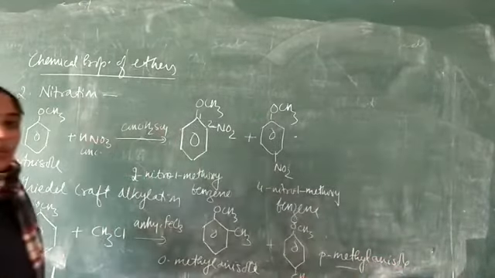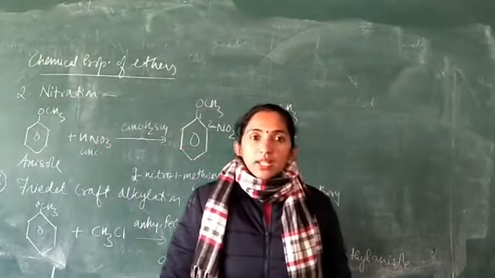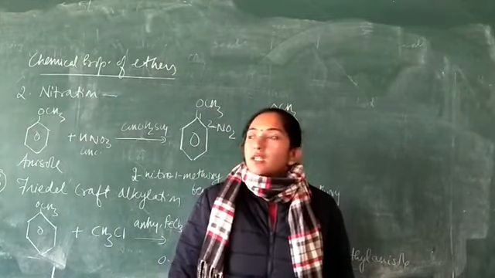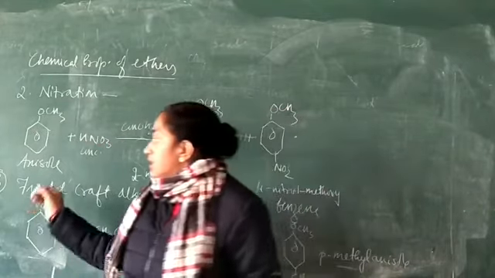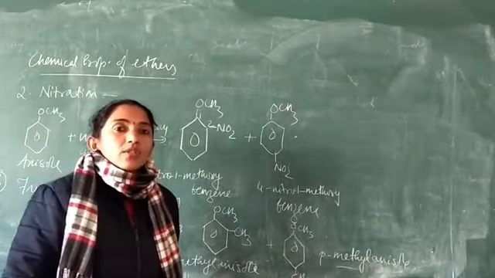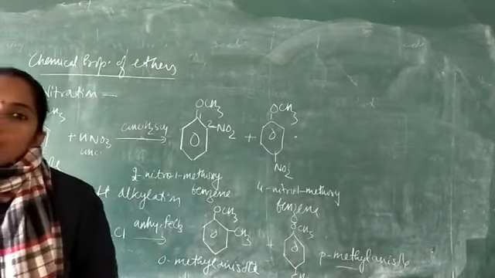In a similar way, Friedel-Crafts acylation will also take place, right? So the anisole, that is the benzene ring having an alkoxy group, undergoes the electrophilic substitution reaction. Okay, so just get it completed.